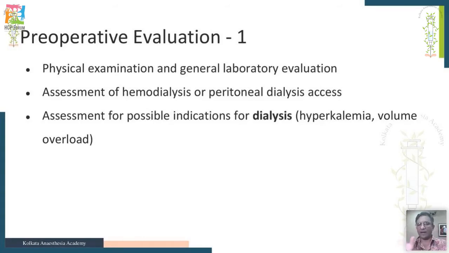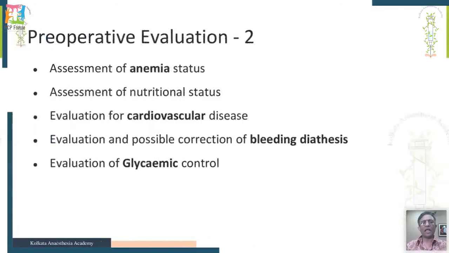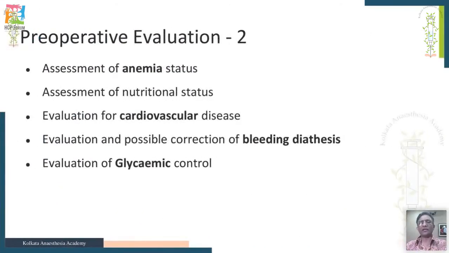Was it an electrolyte problem, volume problem, or metabolic problem? Along with it, the evaluation will necessarily mean comorbid status. What is the state of anemia, nutrition, but focus on the cardiovascular disease. This is what I would try and do now. Bleeding diathesis and glycemic control.